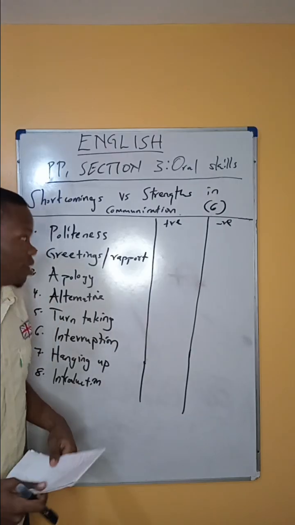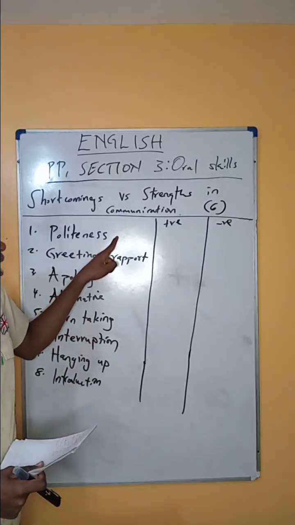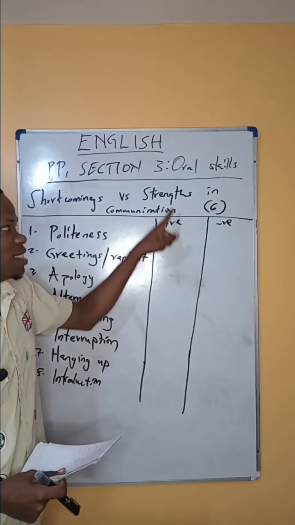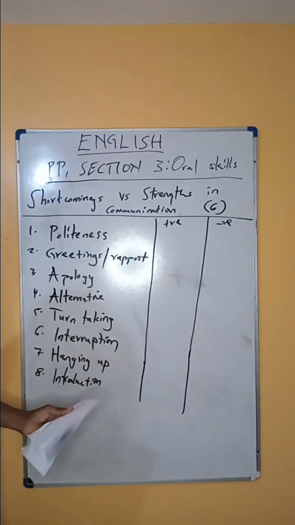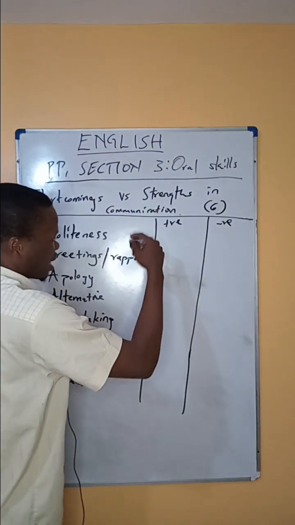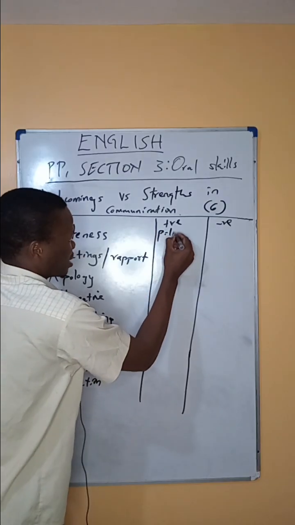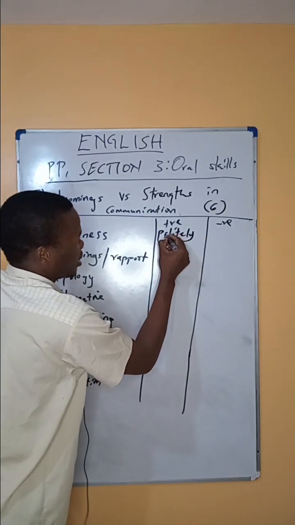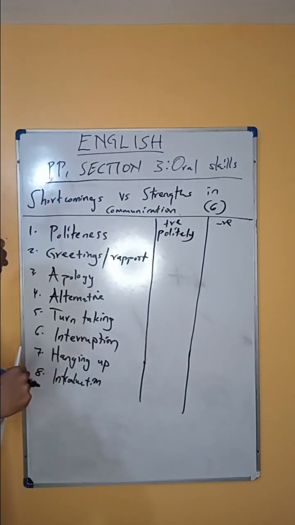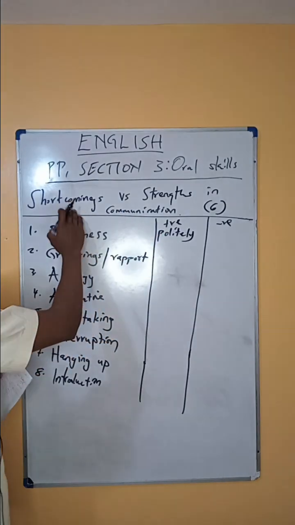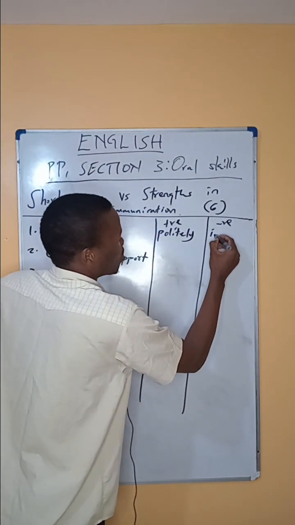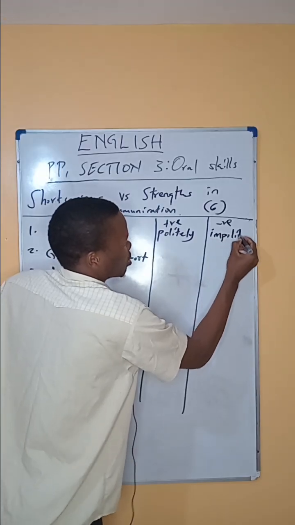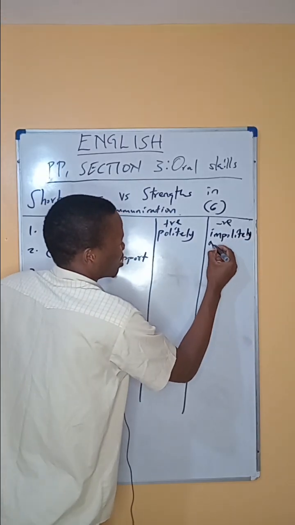Here is an example. Whenever you're talking about politeness and you're talking about the positive, that is the strength, you say the person speaks politely. Person A or character A speaks politely. If it's the negative side, that becomes the shortcoming. We talk about speaks impolitely, or sometimes you can say rudely.